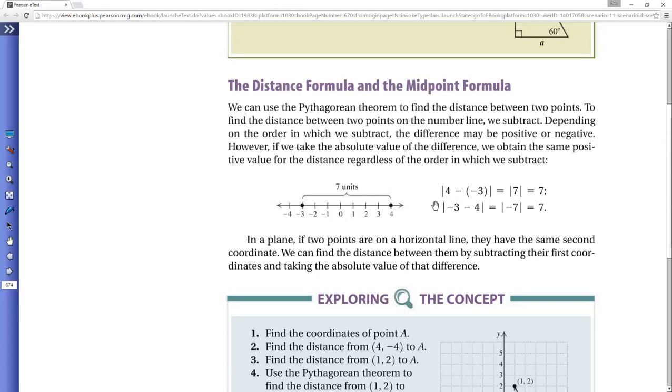So I would take 4 minus a negative 3, which is 7, and the absolute value of that is 7, okay, distance from 0. Well, if I went the other way, if I went negative 3 minus 4, I end up with negative 7. The absolute value gives me that same thing. So this is really the distance formula between any 2 points on a number line, right? It's the absolute value of their difference.